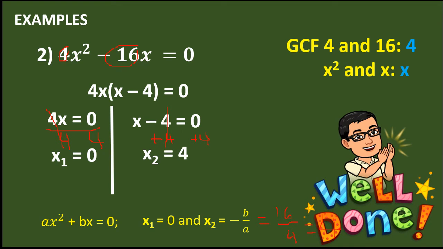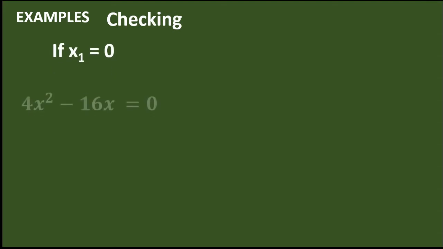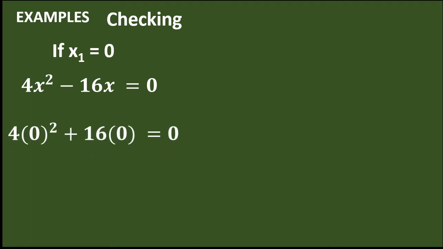Let us now do the checking. So if x of 1 is 0, all you have to do is substitute 0 to the original equation. For 4x squared minus 16x equals 0, x will become 0. After that, it will become 4 times the quantity 0 raised to 2 minus 16 times the quantity 0 equals 0.